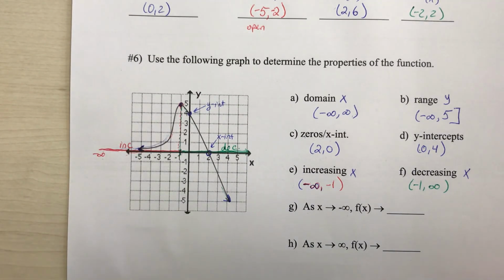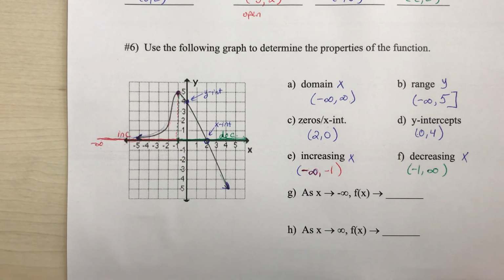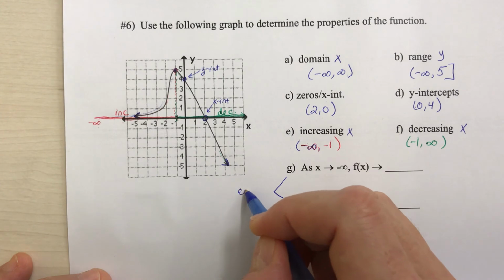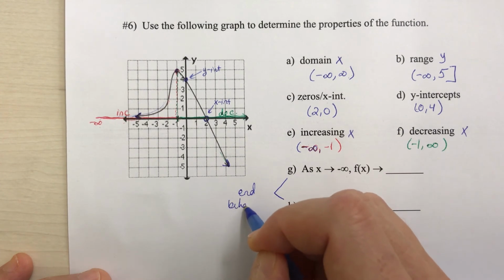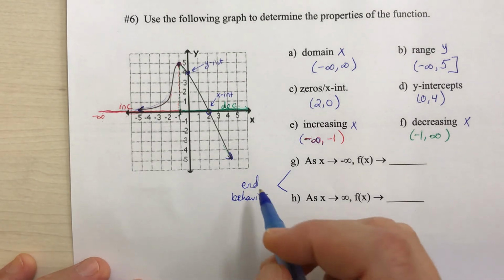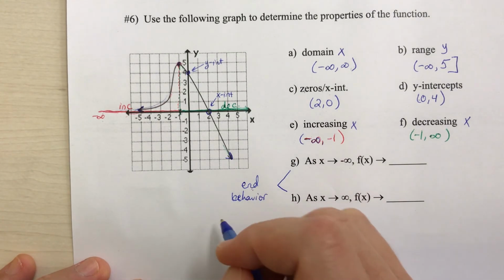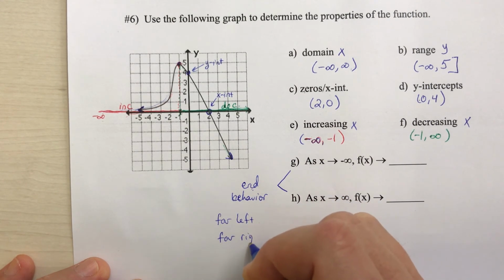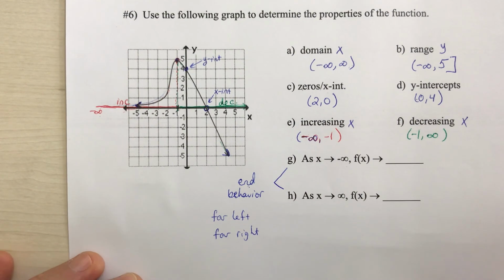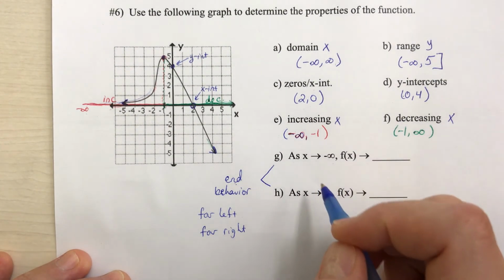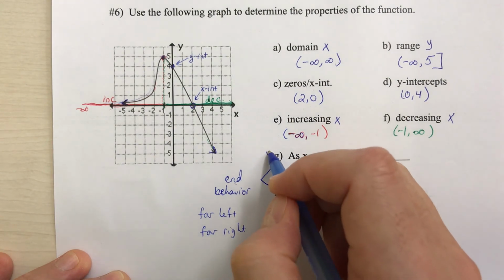All right, and 2 more concepts, and then we're done here. The last 2 concepts are what we call end behavior. End behavior. In other words, what happens at the end? As we go far to the left and far to the right, what's the graph doing? Now, both of these are y values.